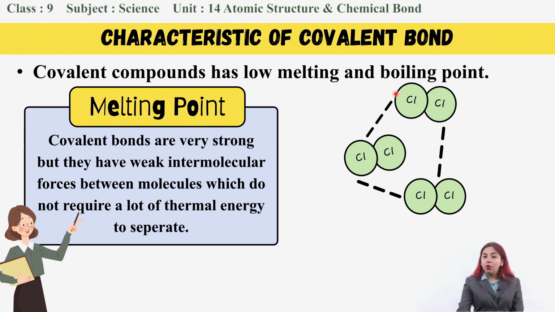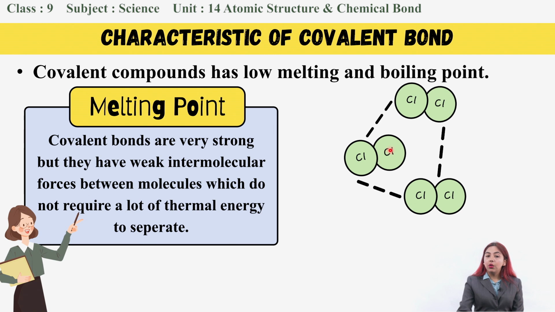But this covalent molecule and this covalent molecule are held together by an intermolecular force, and this intermolecular force is weak. So due to this weak intermolecular force, we do not require a high amount of thermal energy to overcome it and separate the molecules.